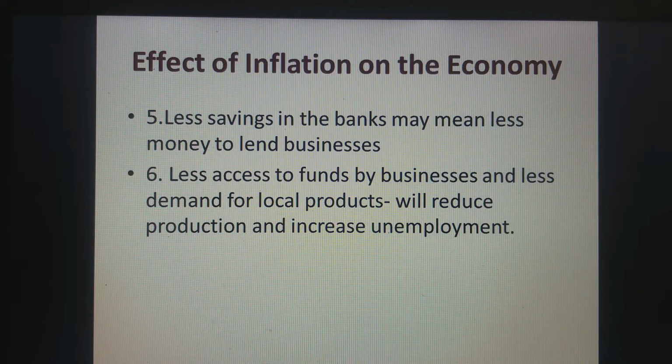So there's going to be a reduction in production. If there's a reduction in production, the producers cannot pay or hire more persons to work. And therefore, we have an increase in unemployment.